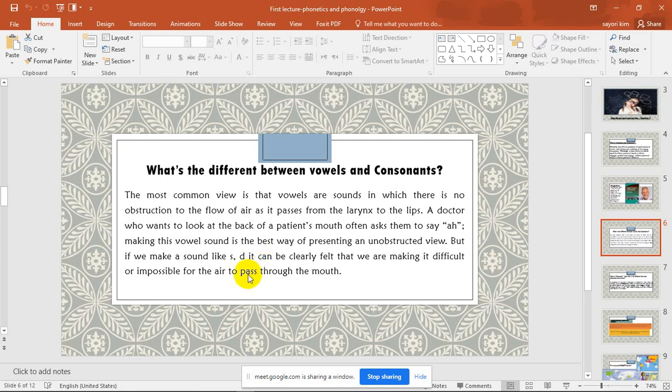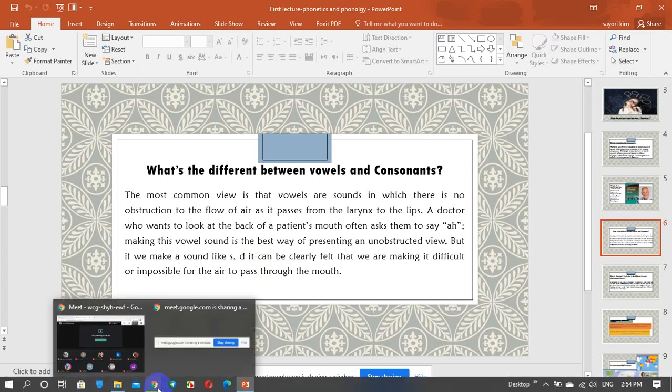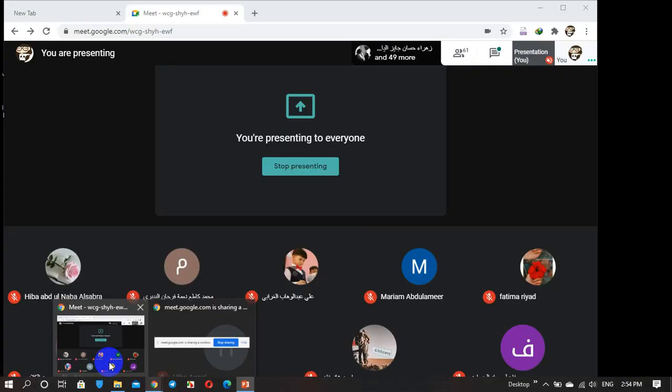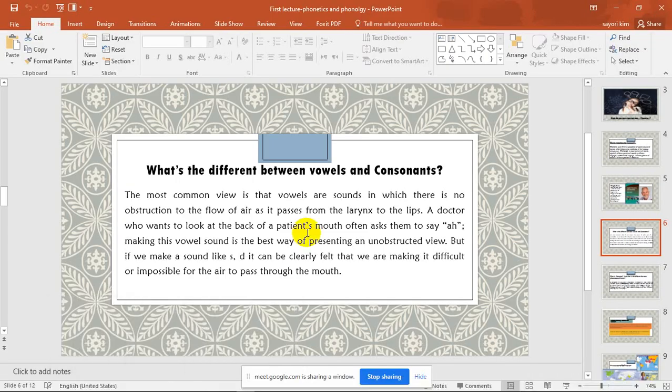Like with the f and s sounds, there is no complete stop of the air, but it is a slight obstruction. So when we have an obstruction to the airflow, we can call it a consonant sound.